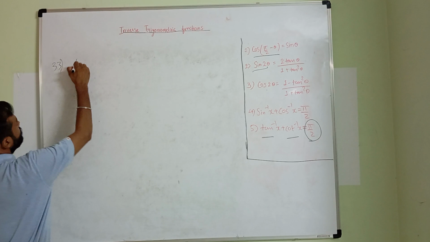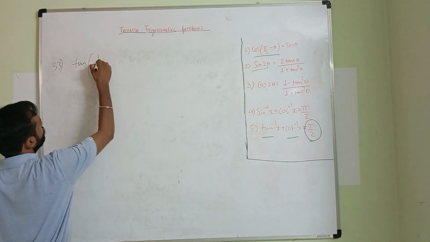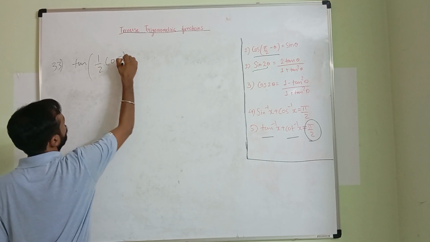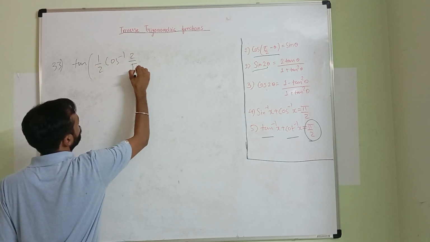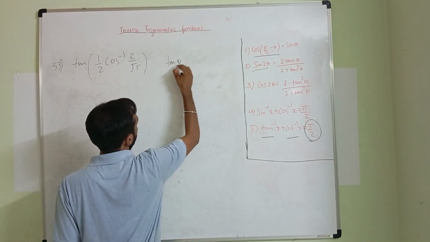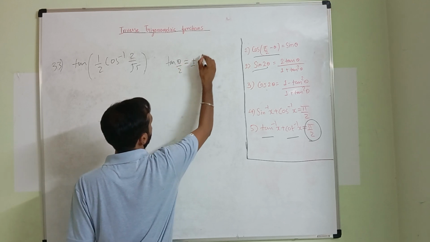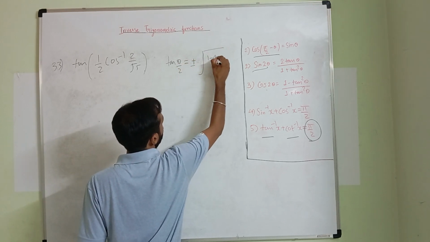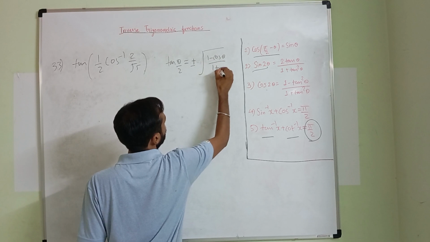Here we have to find the value of tan of 1 half of cos inverse of 2 upon under root 5 is given, and here a hint is given, that is tan theta by 2 is equal to plus or minus under root of 1 minus cos theta upon 1 plus cos theta.